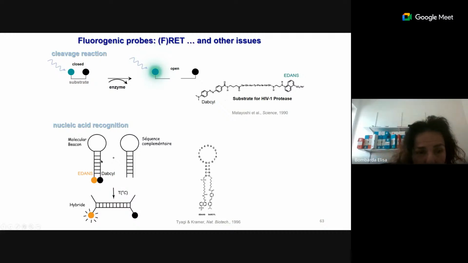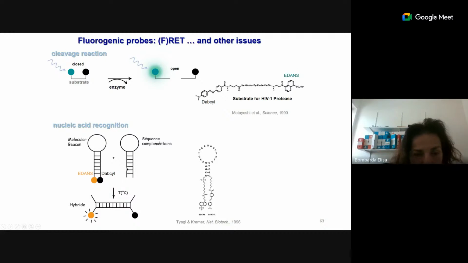It can be used also for nucleic acid recognition. That is the scheme of one application of molecular beacons, which are a type of probe where you also have a fluorophore donor close to a quencher at the extremity of this stem-loop structure.